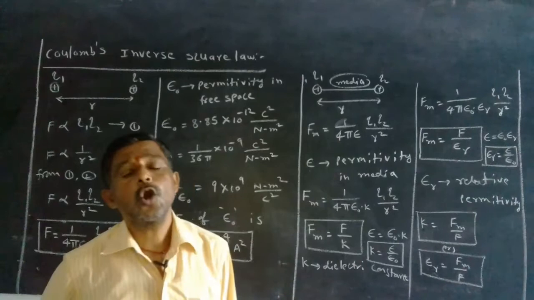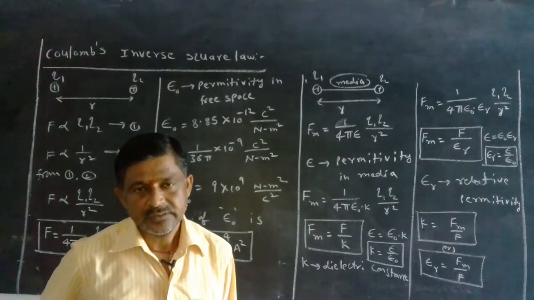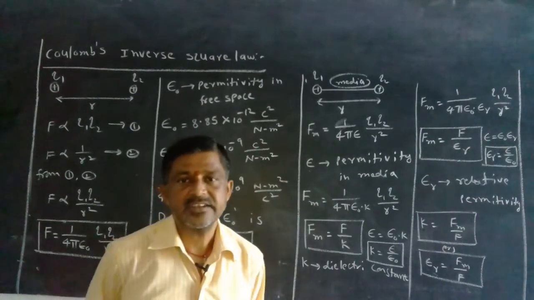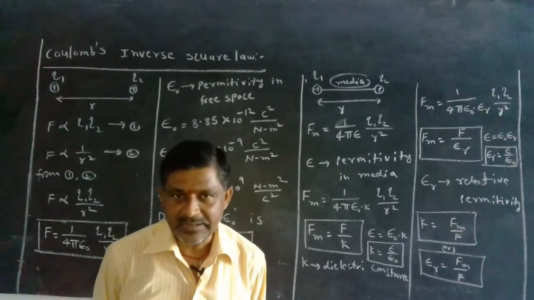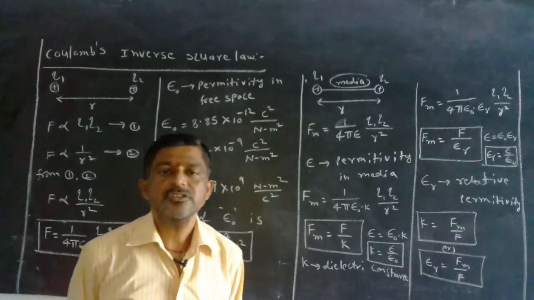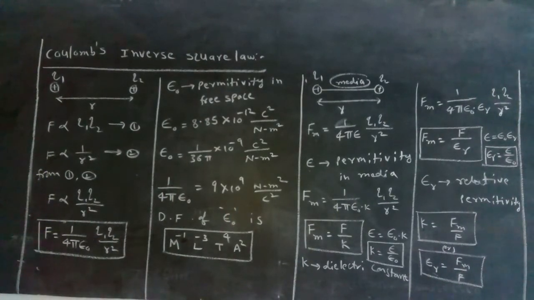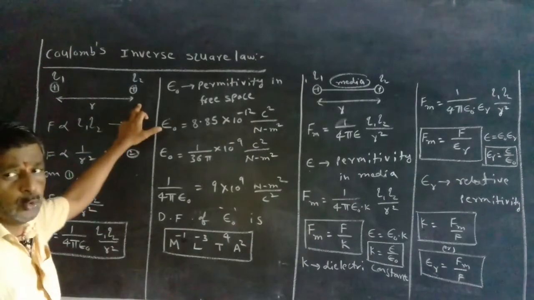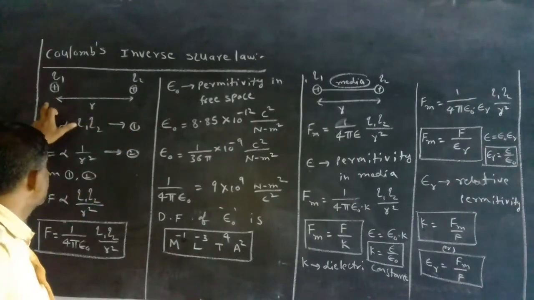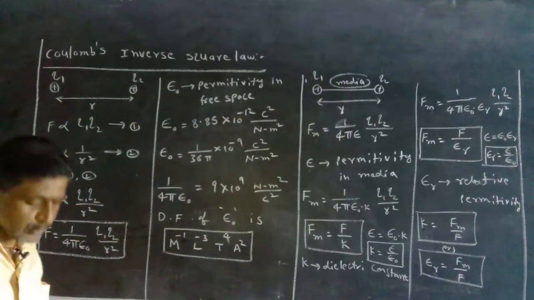But how much is that force? For that, Coulomb derived one mathematical expression. Now let us see. These are the two positive charges, one is Q1, another one is Q2.